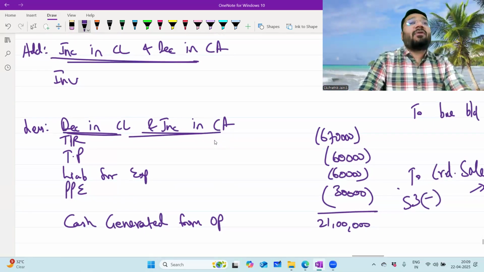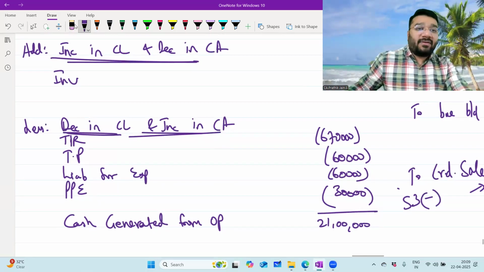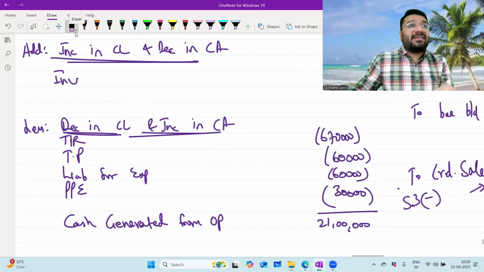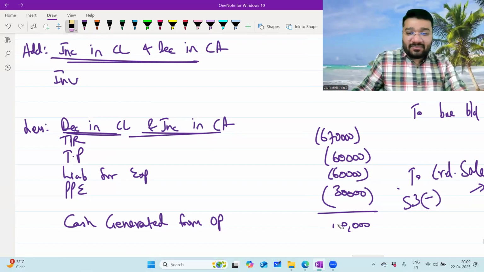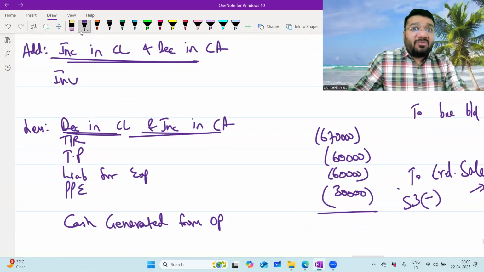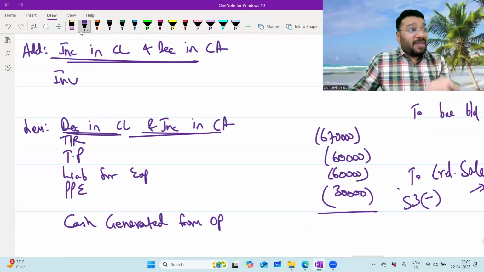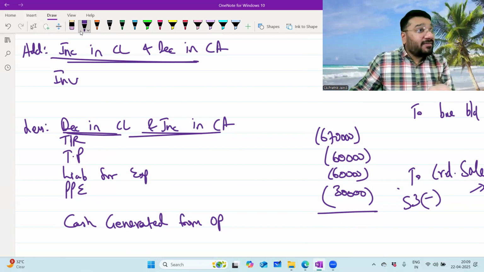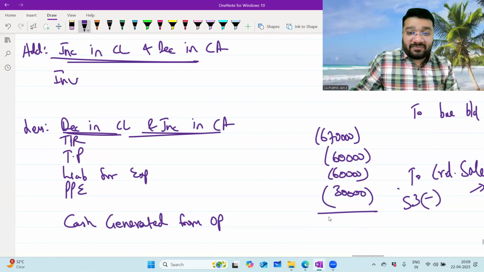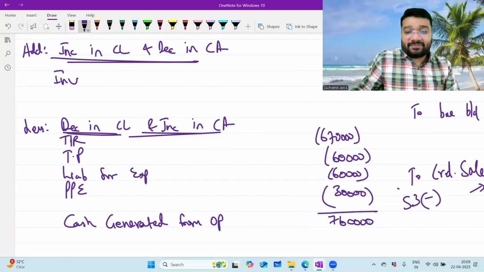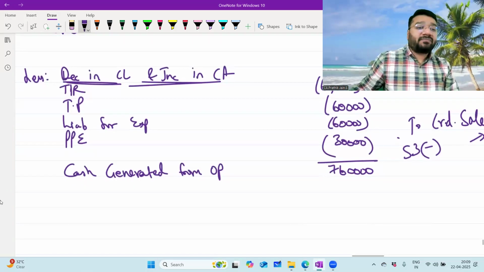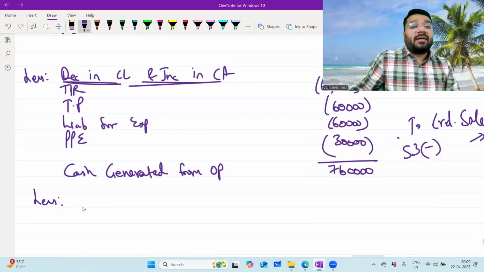Now, tell me the cash generated from operation. From 21 lakh, you came to 7,60,000. Oh my God. 21 lakhs, and from there where did you come to? 7 lakh 60,000. Very bad performance. Next, segment 4. Tax paid.